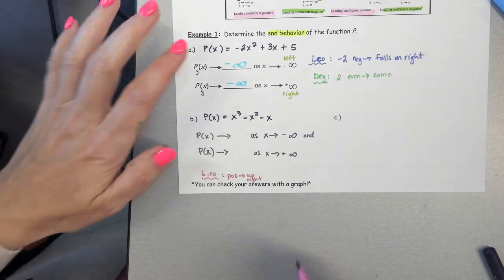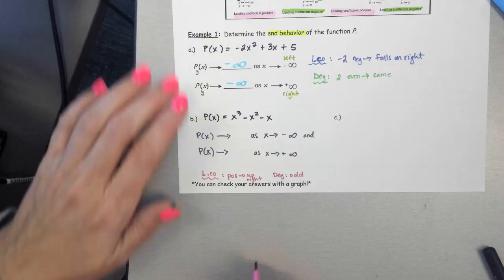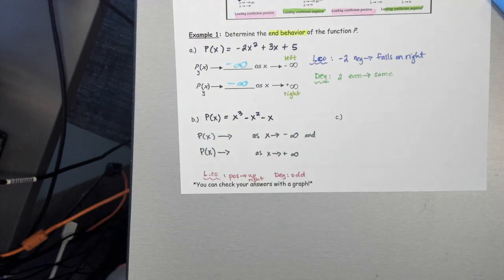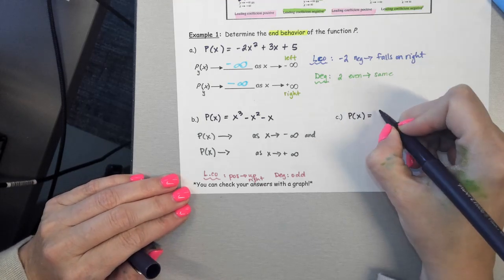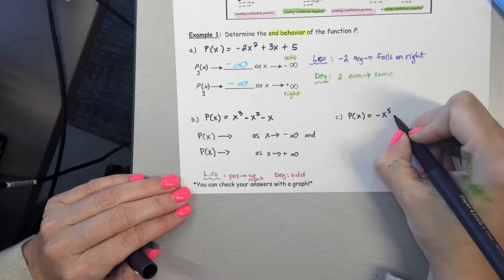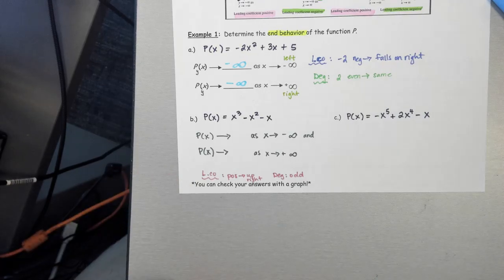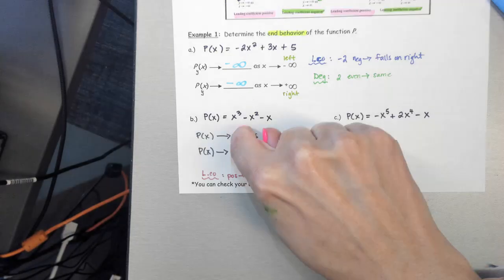Our degree is 3, so the degree is odd. Based on those two things, I want you to try to fill in part B, and then I want you to do part C. Fill in where p of x is going.